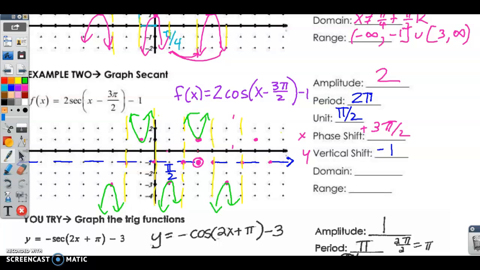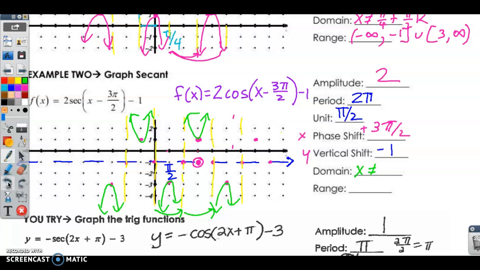Well, that's it. The domain for this one is, now notice we started at 0. So the first one would have to be pi, but then you're adding another pi to it. So instead of doing pi plus pi k, I'm going to write x can't be pi k.